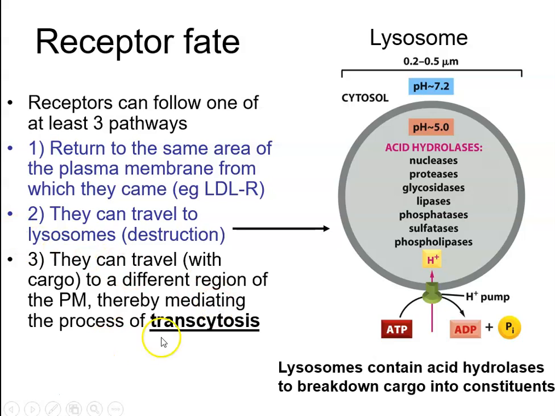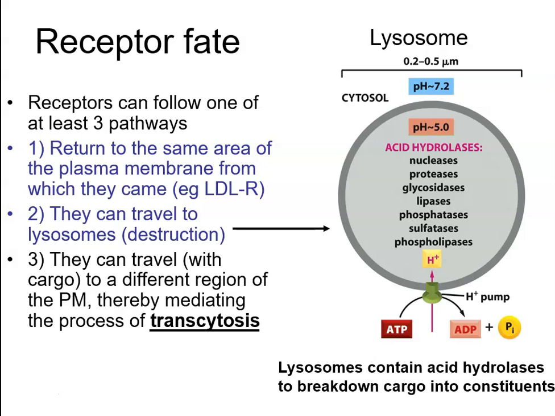And finally, material can undergo transcytosis, so this would be transporting material across a cell from one side to the other. And the sort of place you would find this quite commonly is blood vessels. So proteins that want to be secreted into the blood have got to pass through the endothelial cell layer that line blood vessels.